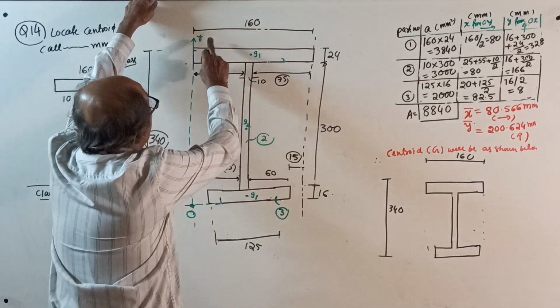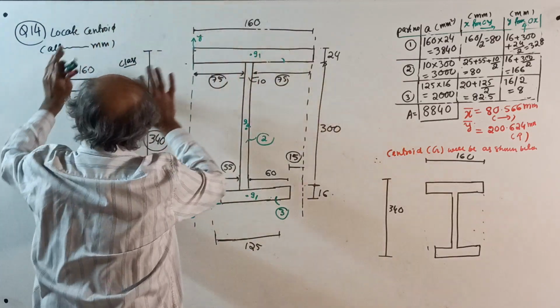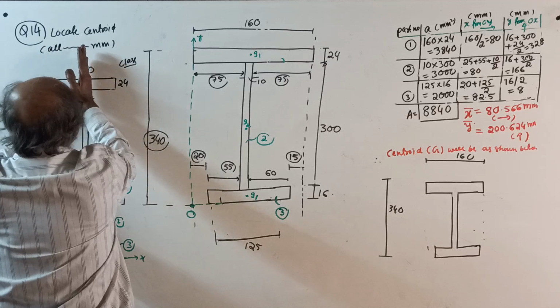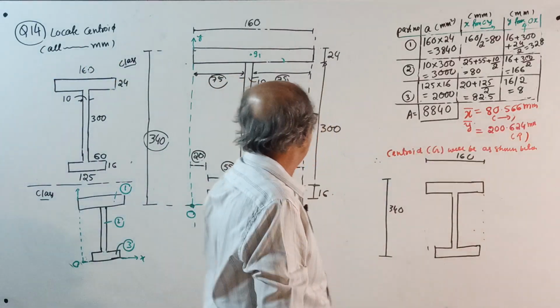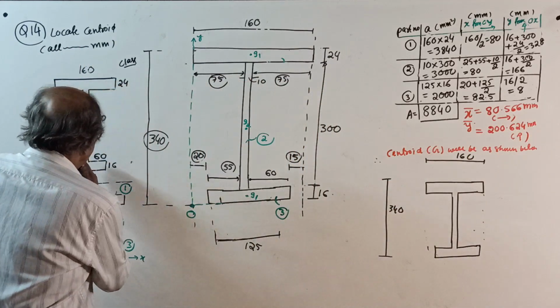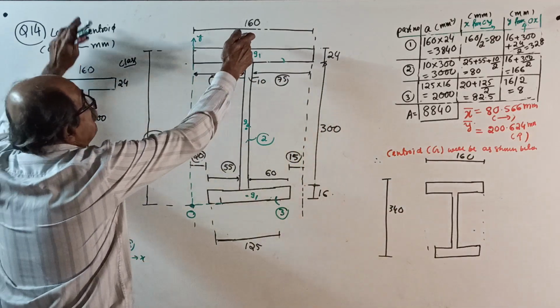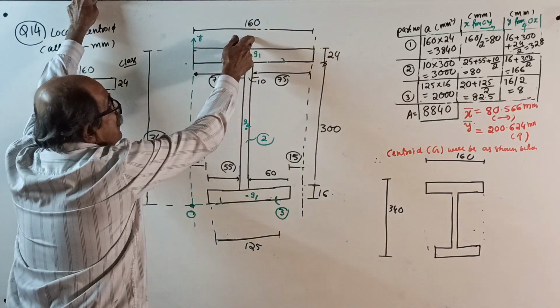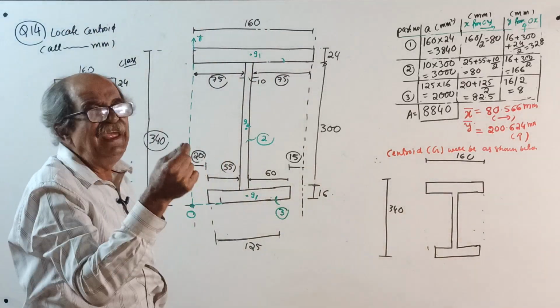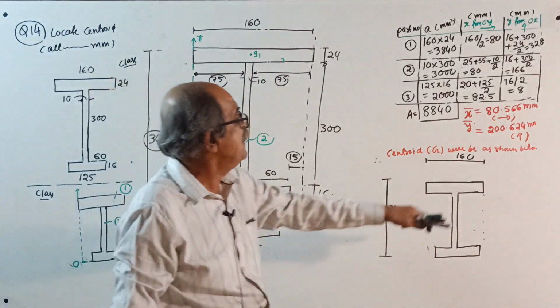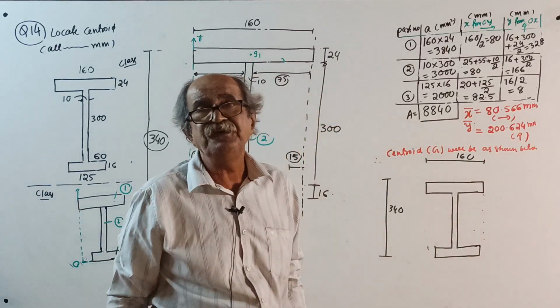Therefore, the centroid will not be exactly at the midpoint. X bar will not come 80. If it were a symmetrical section, X bar would be half of 160, that is 80. It will come slightly more than 80 because a little more area is on this side. See, 80.566 millimeter.